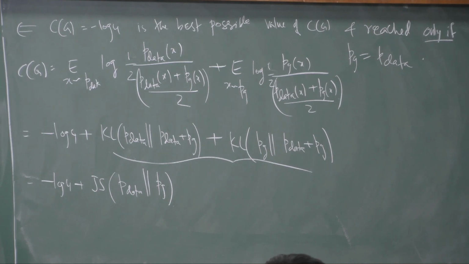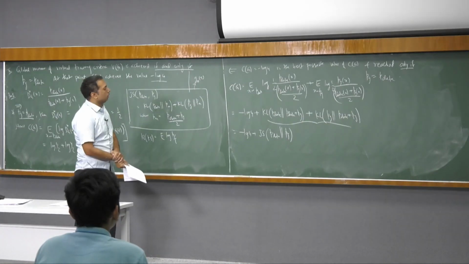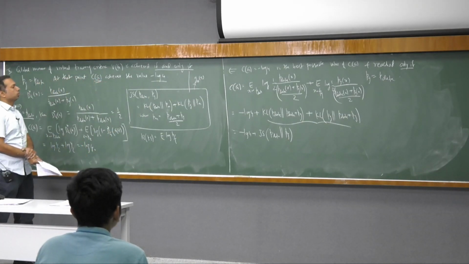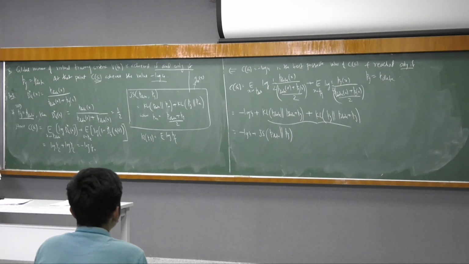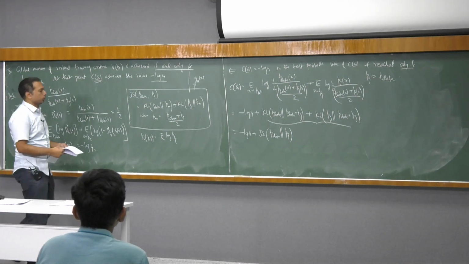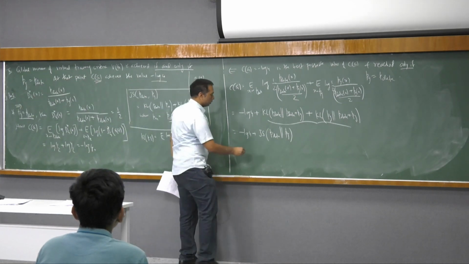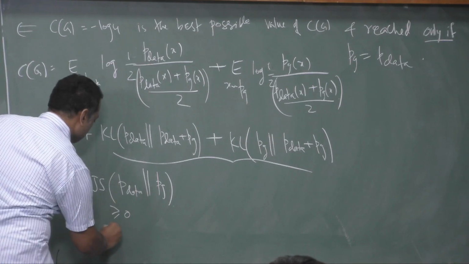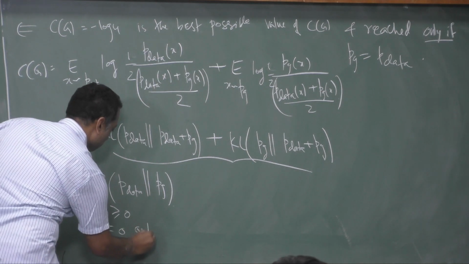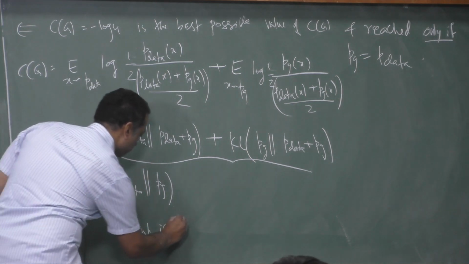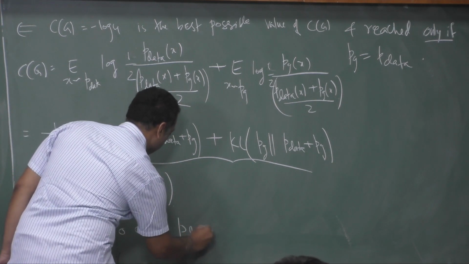So by doing this, now we have to say that minus log 4 is the best possible value of CG. Jensen-Shannon divergence as such is greater than or equal to 0, and it is equal to 0 only if P data is PG.